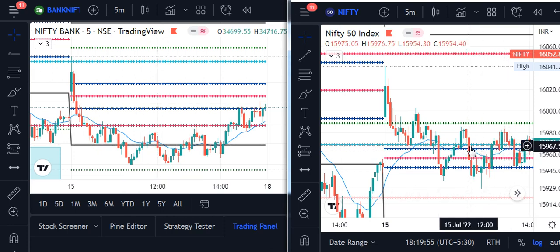I want confirmation to take the trade. So I see the 12 o'clock candle in Nifty is also very bearish. As I already told you, if a bearish candle like this comes in the middle CPR, you cannot take the trade earlier.